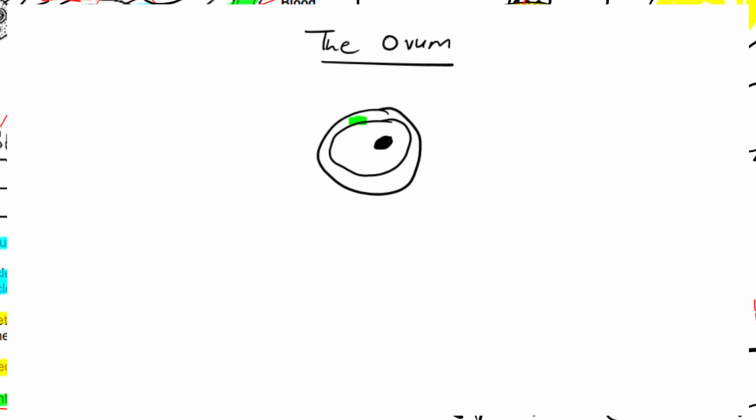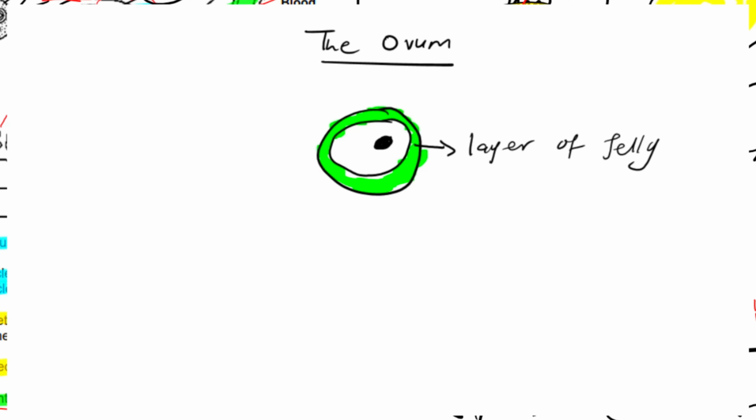In an ovum, this outer layer is called what? It is called the layer of jelly. Whenever you draw an ovum, it must contain an outer layer called the layer of jelly. So this is our layer of jelly.